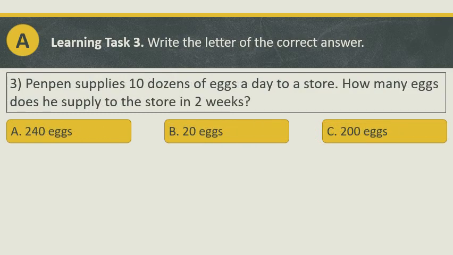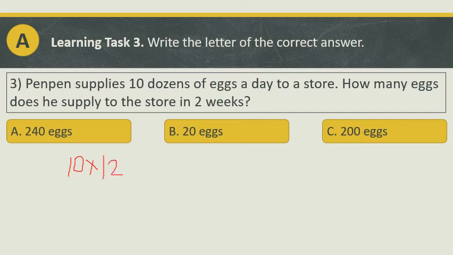Okay, so number 3. Pen supplies 10 dozens of eggs a day to a store. How many eggs does he supply to the store in 2 weeks? Okay, so 10 dozens. So ito po ay 10 times 12 kasi ang dozens is 12.